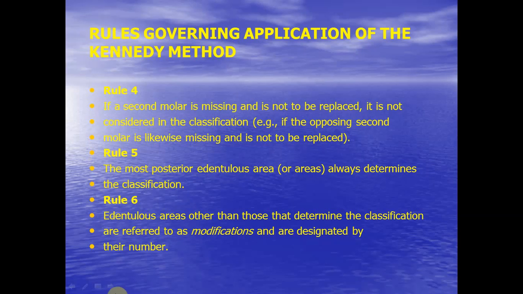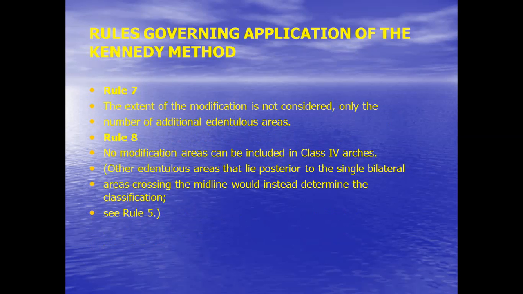Then rule 6 is just about it, that's what I mentioned. This additional edentulous area is referred to as a modification, and we count them by their number. So if we have a defect of class 1 and also two defects which are included between the remaining teeth, this will be class 1, modification 2, sorry.